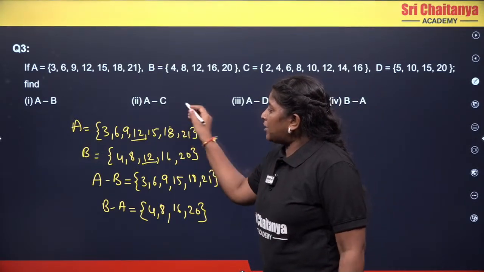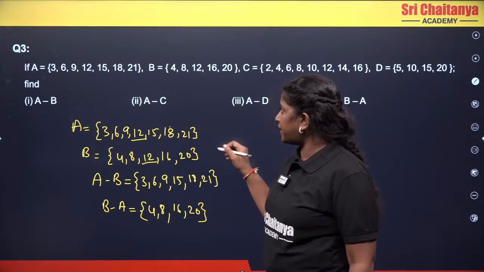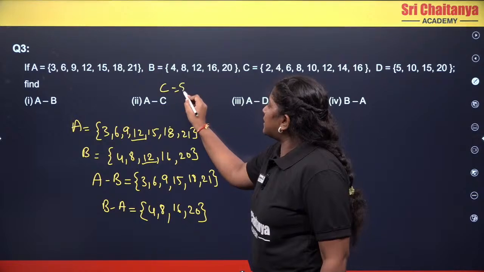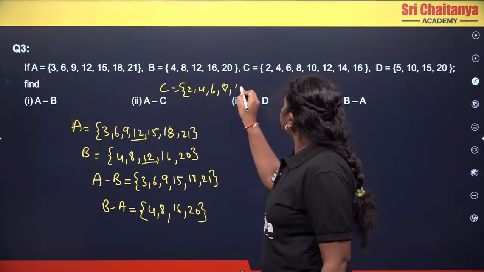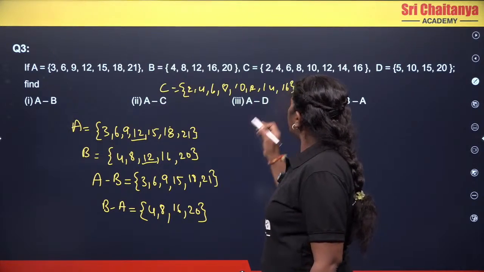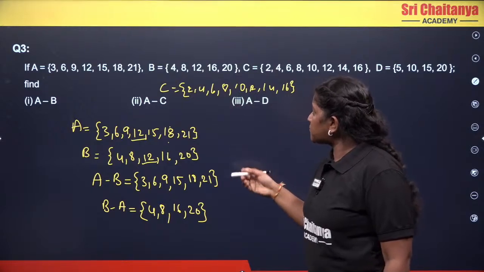Now let's go for A minus C. As we know, A is the set of multiples of 3 up to 21, and C they gave as the set of 2, 4, 6, 8, 10, 12, 14 and 16. Now if you look at here, between A and C, what are the common elements we are having?